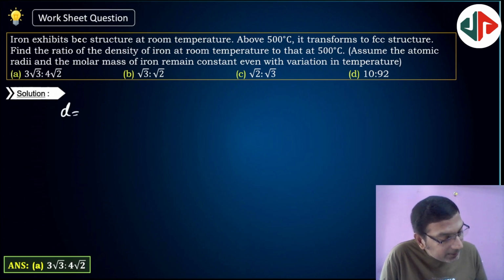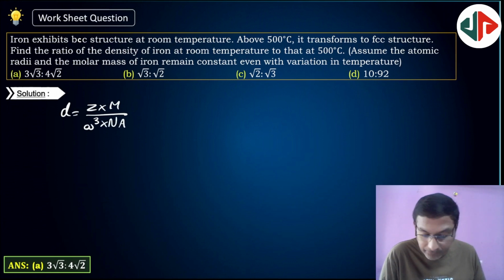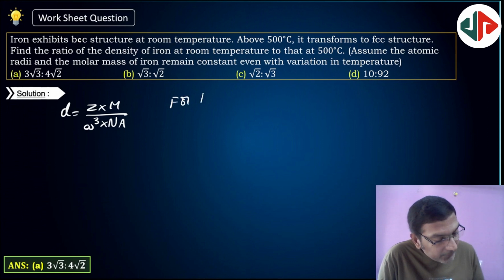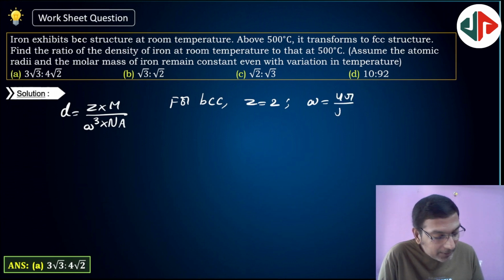Density formula is Z into M by A cube into Na. First for BCC, effective number of atoms 2, and A equal to 4R by root 3, the edge length.